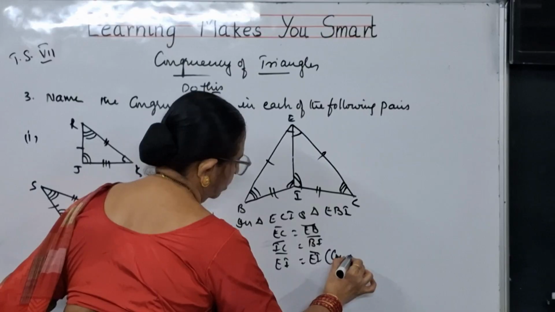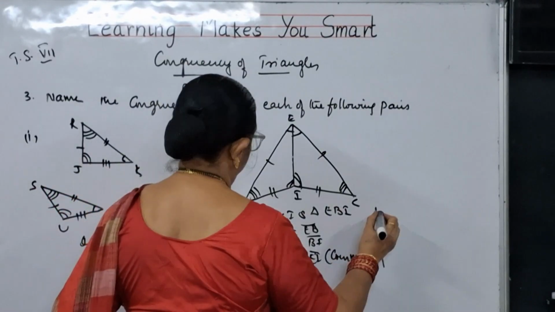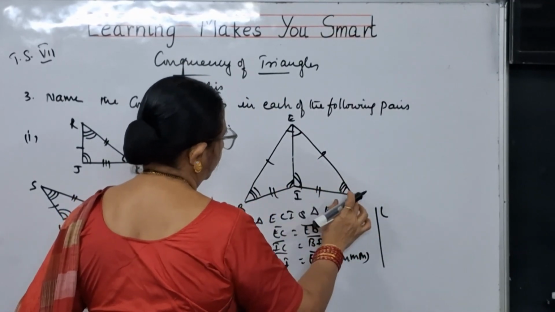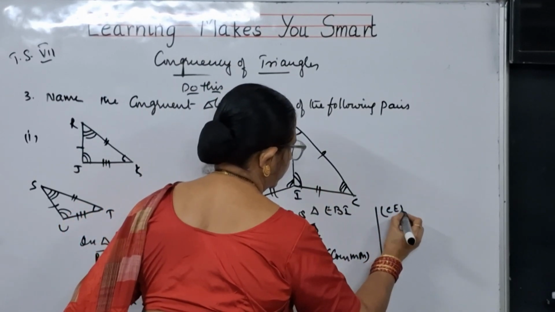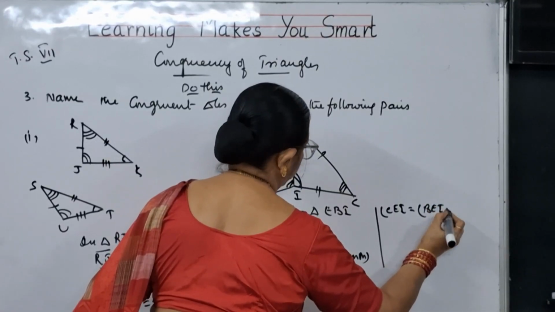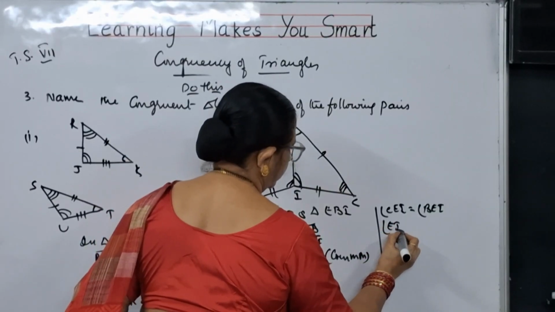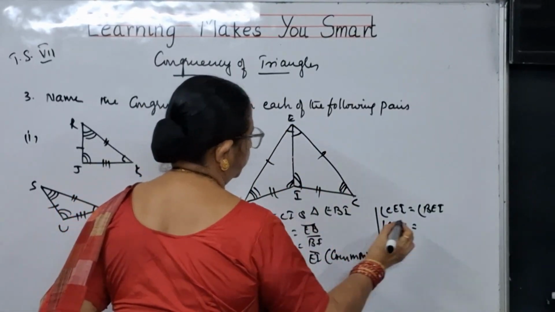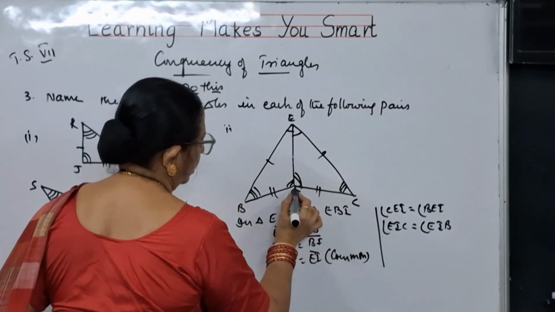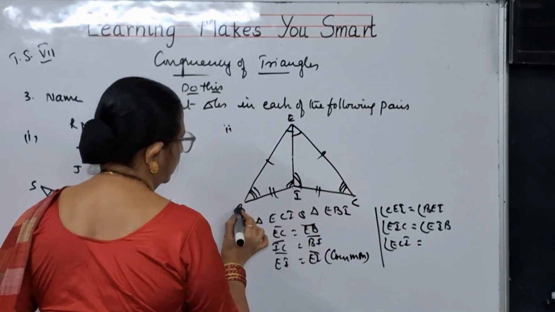Because these are common sides. Apart from this, first we are talking about ECI, this triangle. Angle CEI is equal to angle BEI, and angle EIC is equal to angle EIB, and angle ECI is equal to angle EBI.